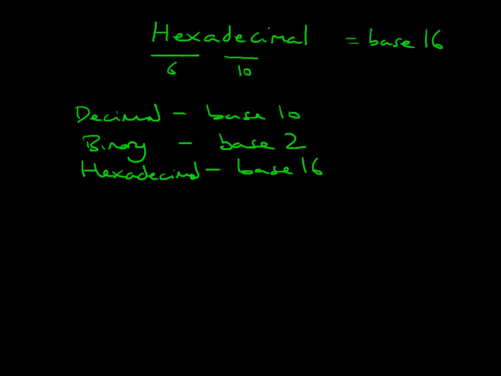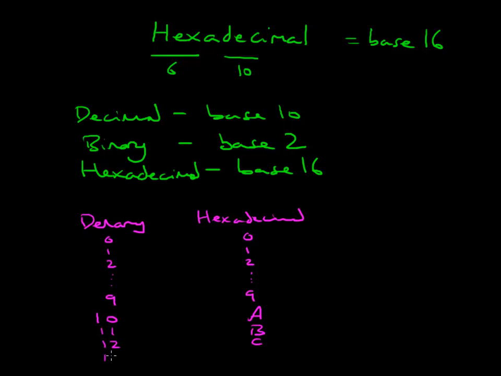If I show you the denary numbers, we've got 0, 1, 2 down to 9, and in hexadecimal it's exactly the same, so 0, 1, 2 and then down to 9. And then in denary we have the number 10, which corresponds with A in hexadecimal, 11 is B, 12 is C, 13 is D, 14 is E, and I'm running out of space, 15 is F.